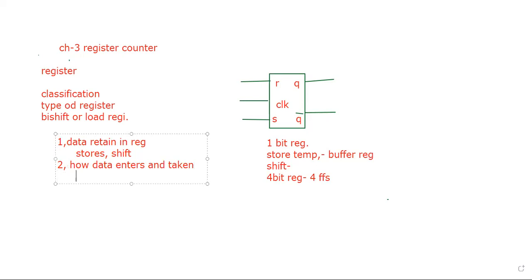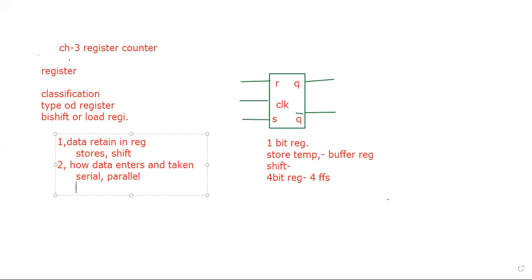So here there are 4 different types. We know data may enter in terms of serial or in parallel. So here we have serial and parallel, and data that enters is input and what goes out is output. So a 2x2 combination.